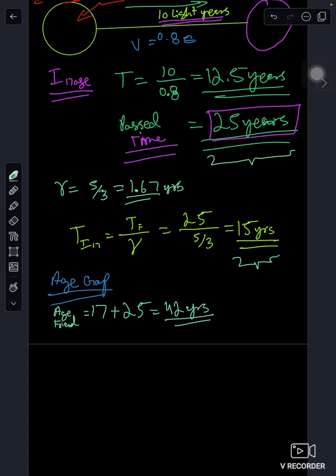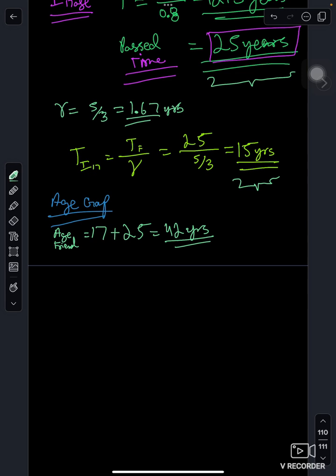And my age is 17 plus 15, which means I am 32 years.